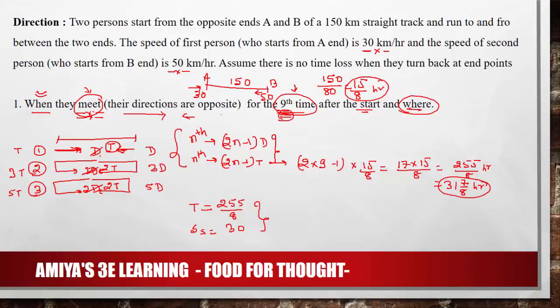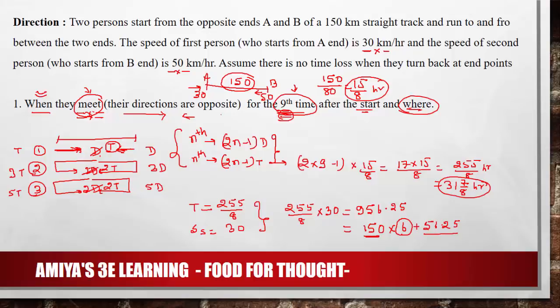So the total distance traveled by the slower is 255 divided by 8 into 30, which is 956.25. Our track length is 150. So if we convert, that is 150 into 6 plus 56.25. We can say the length of track into an even value plus 56.25 extra.